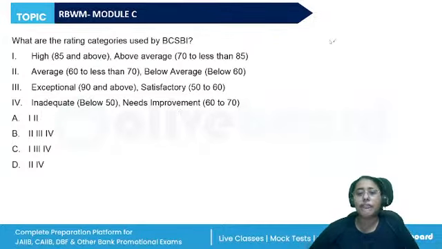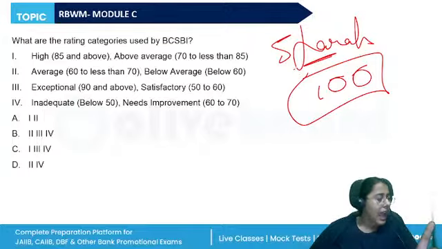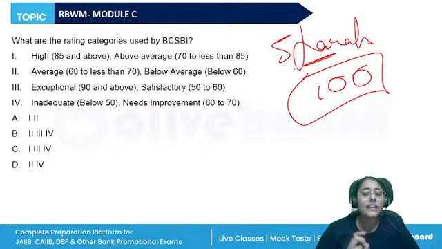Five parameters were decided, a total score of 100 was decided, and the score is available on the website of BCSBI, and it will diminish or improve the bank's reputation in the market. So, the BCSBI collected information during branch visits and customer responses, and then assigned a numerical score.